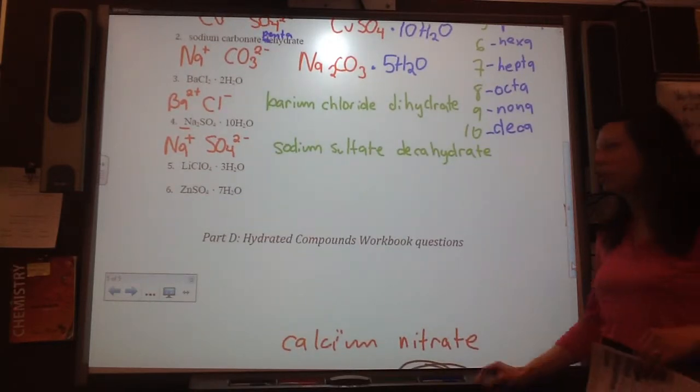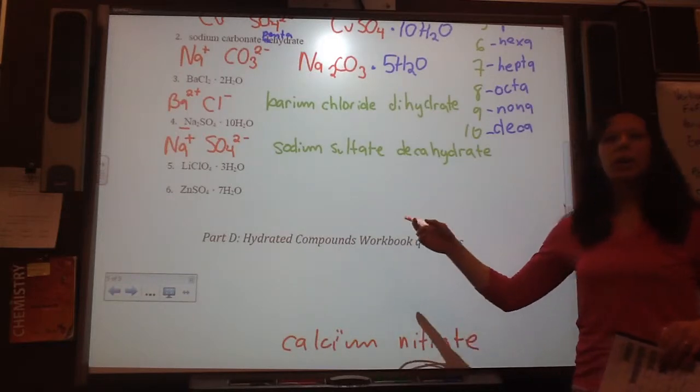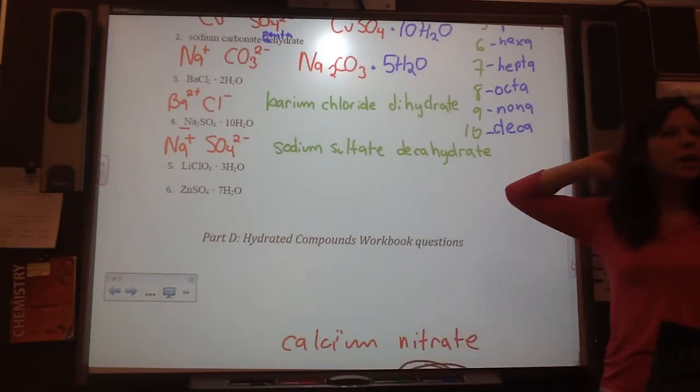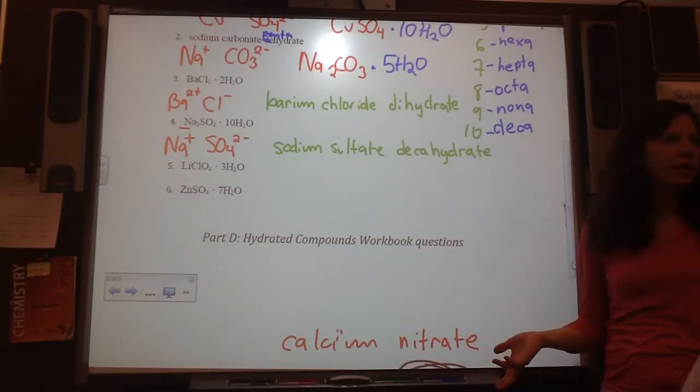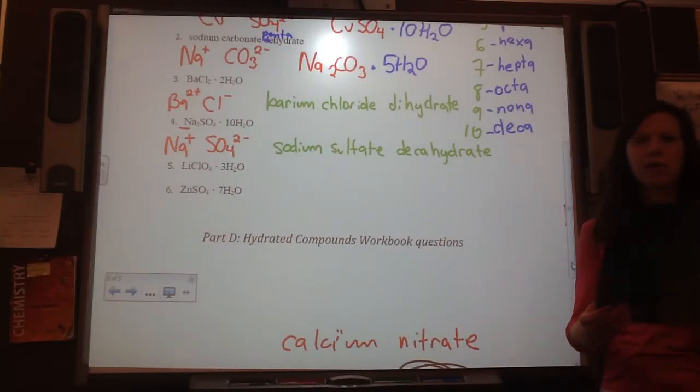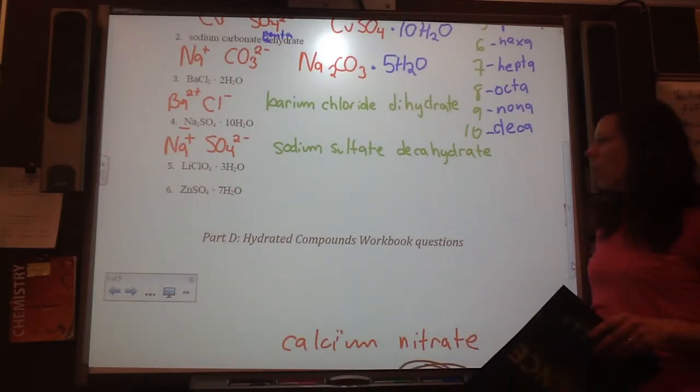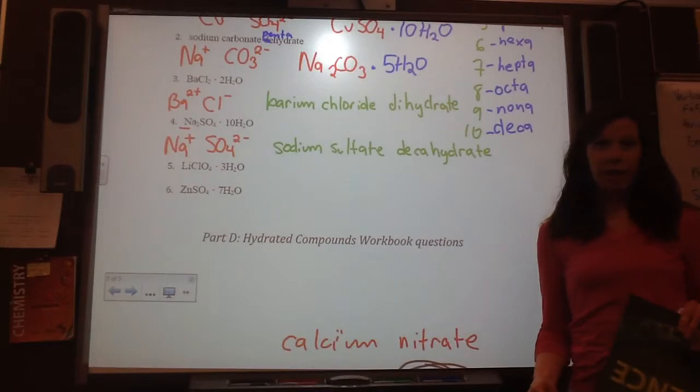Sodium sulfate decahydrate. And as was brought up before, it's correct to do sulfates with both an F or a PH. It's, I don't know, American versus Canadian or something. Okay, ready for the next one?